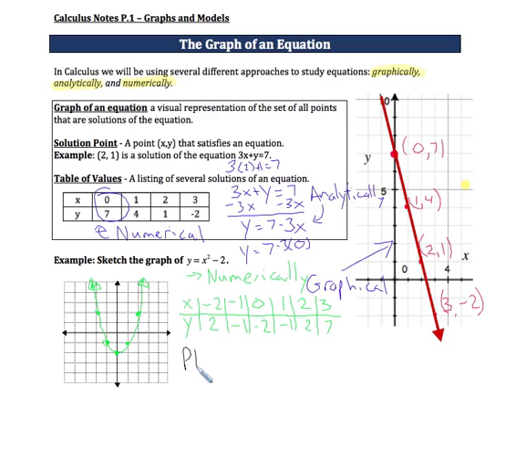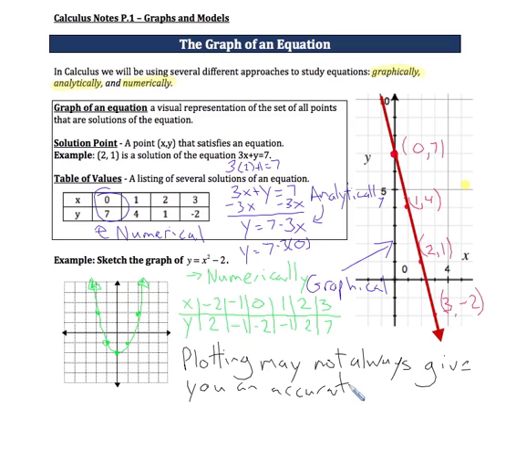So plotting the points may not always give you an accurate graph. And that's why it's good we have several methods for analyzing equations.